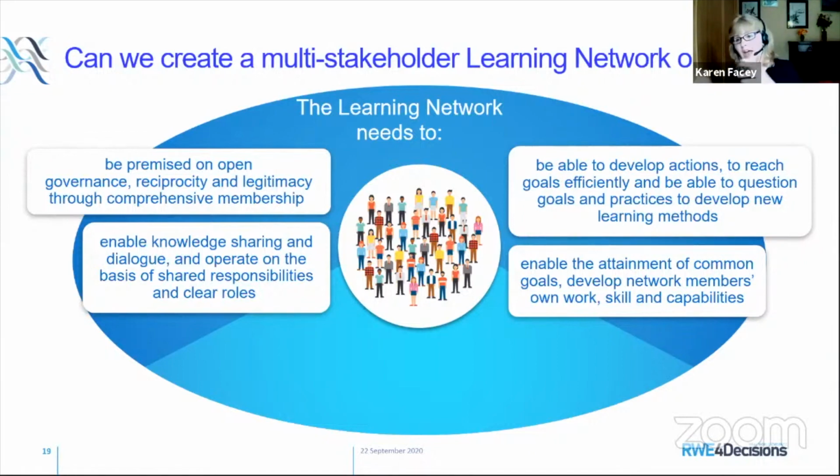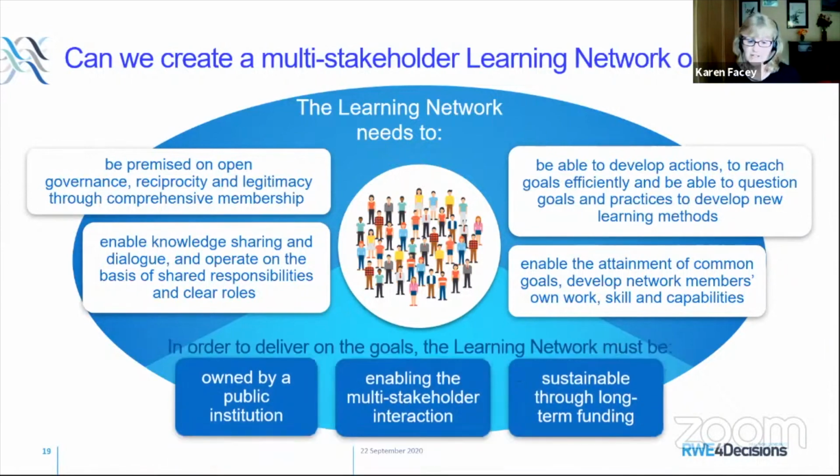We need to develop actions and goals, and people may be doing different things, because we have methodological experts and we have people who are experts in the patient involvement side. And to do that, as Yo said, we think this learning network needs to be owned by a public institution, enable full multi-stakeholder interaction, and be sustainable through long-term funding. And at that point, I'm going to hand back to you, Jackie, to hear what everybody else has got to say.